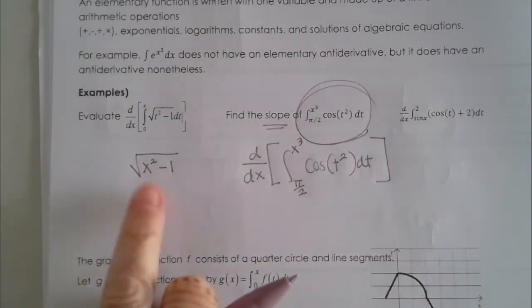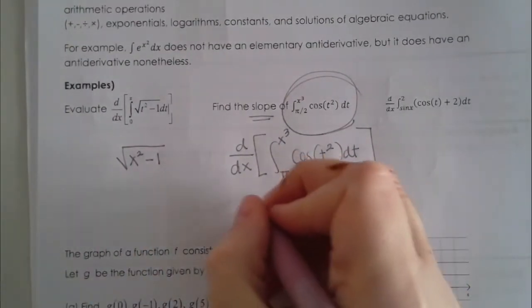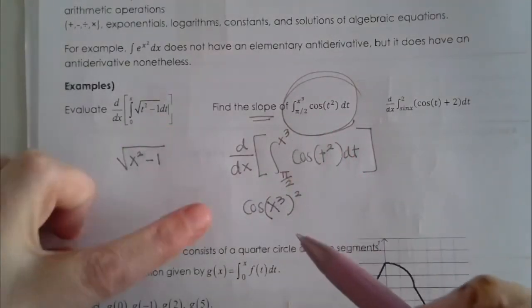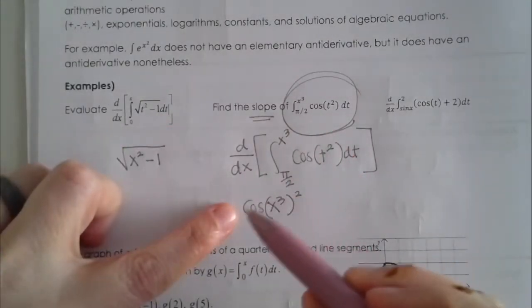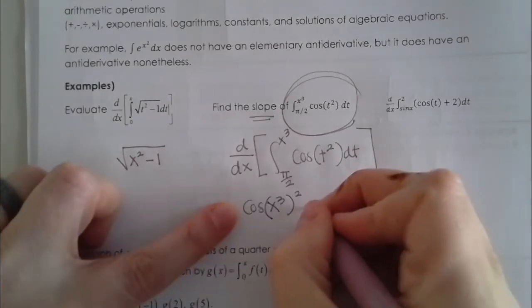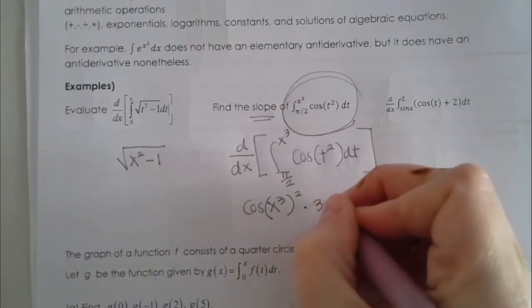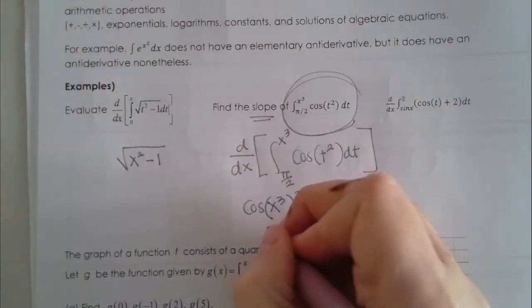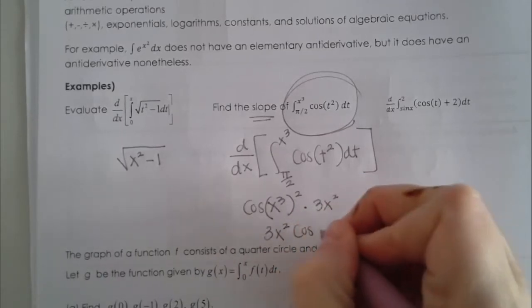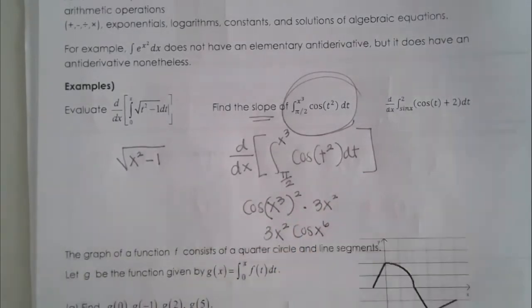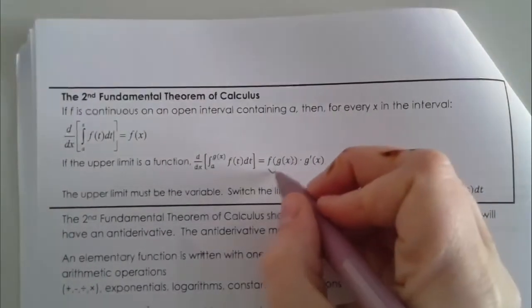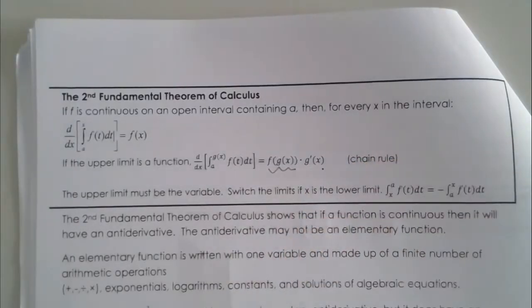We're going to do the same type of substituting that we did right here, where we have cosine x to the third raised to the second power. So because we inserted a function, we want to do that times the derivative of what we just inserted in. So 3x squared is the derivative of x cubed. And now we can just simplify a little bit, so that 3x squared cosine of x to the power of 6 if we do power to the power. So when we insert a function, it is that function times the derivative of that. That's our chain rule.